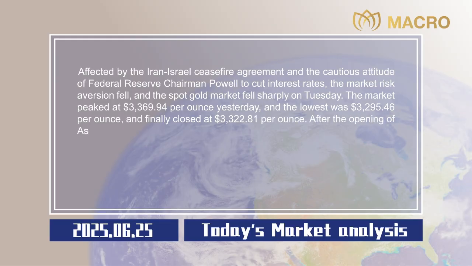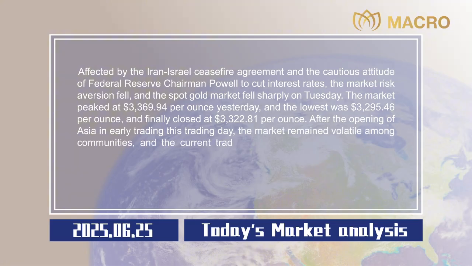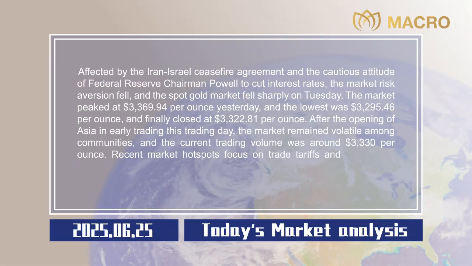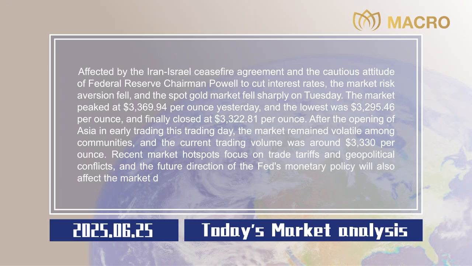After the opening of Asia in early trading this trading day, the market remained volatile, and the current trading volume was around $3,330 per ounce. Recent market hotspots focus on trade tariffs and geopolitical conflicts, and the future direction of the Fed's monetary policy will also affect the market direction.